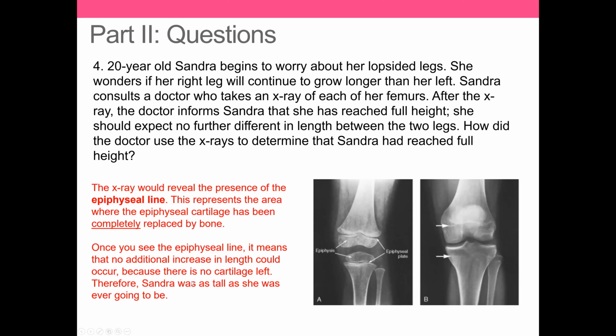And also, once you see the epiphyseal line, it means no additional bone length could occur because there's no cartilage left. Remember, long bones can only get longer as long as there is some cartilage left at the epiphyseal plate. So in this case, because the doctor saw the epiphyseal lines, he could conclude that Sandra was as tall as she was ever going to be, and she was not going to get any more height from either leg.